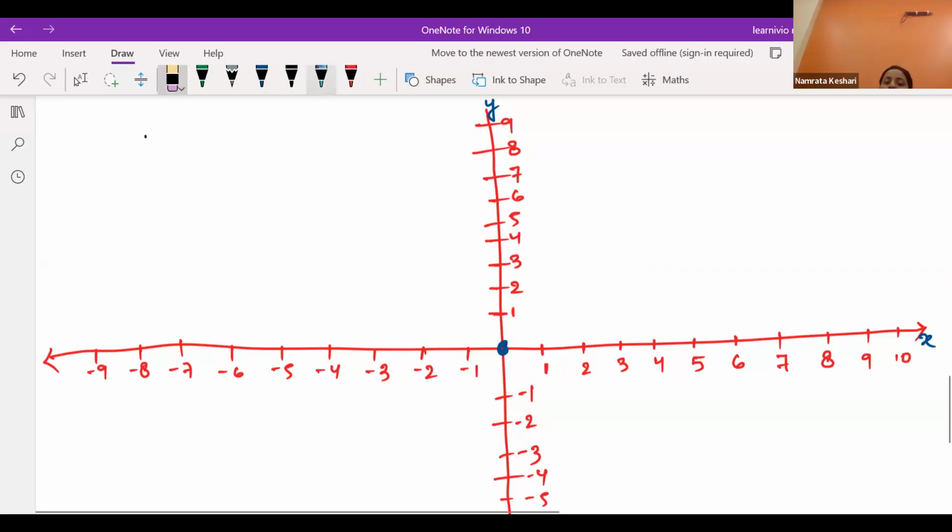So here x is also 0, y is also 0, and the name of this point is origin. Usually we represent it with the alphabet O. You can also represent it with any alphabet, doesn't matter, but this point's name is origin.